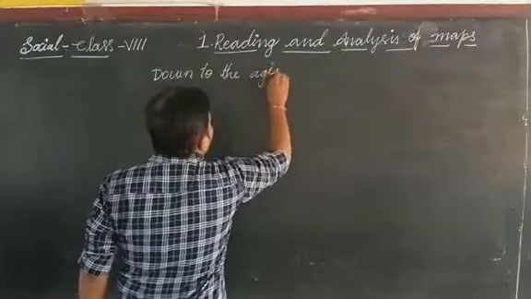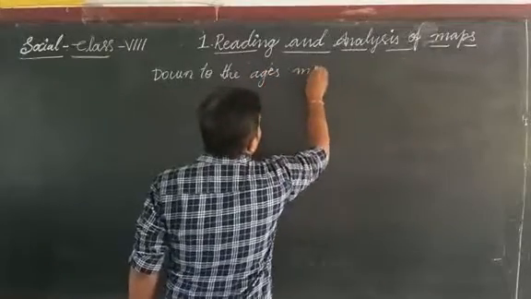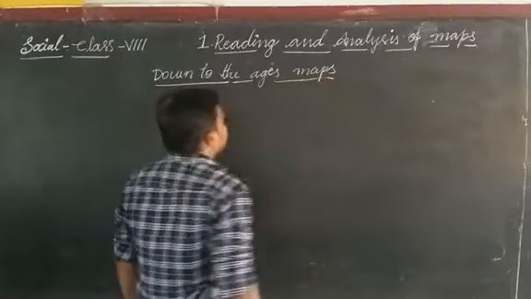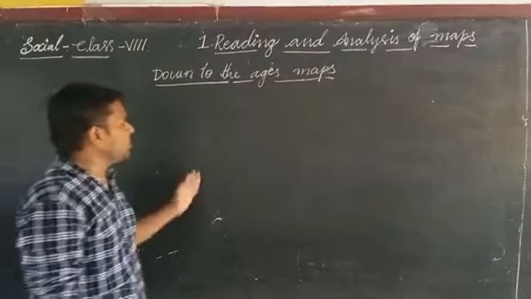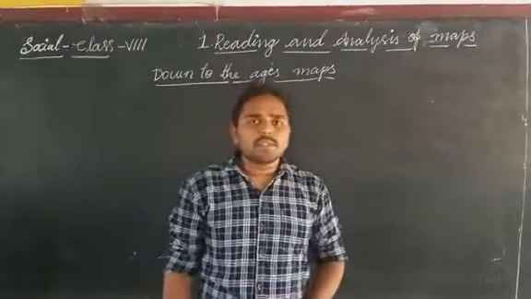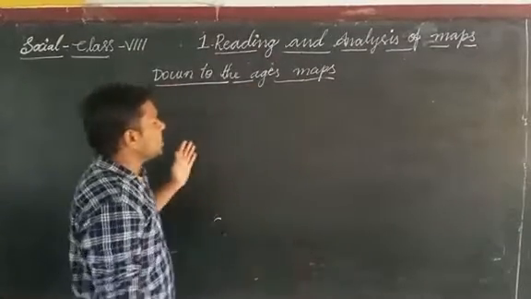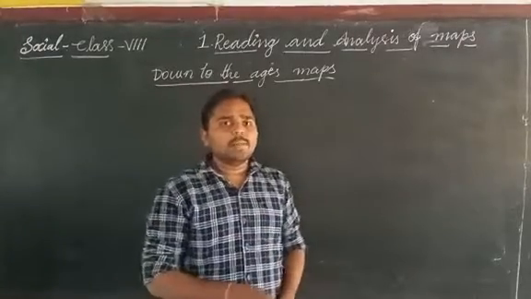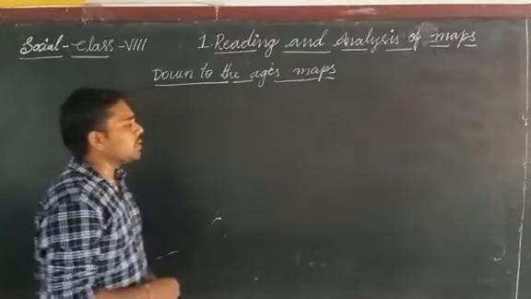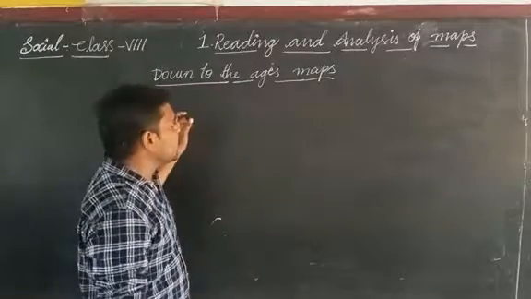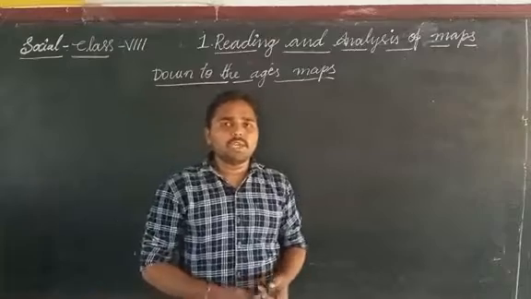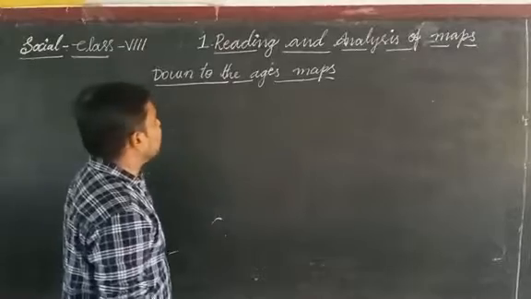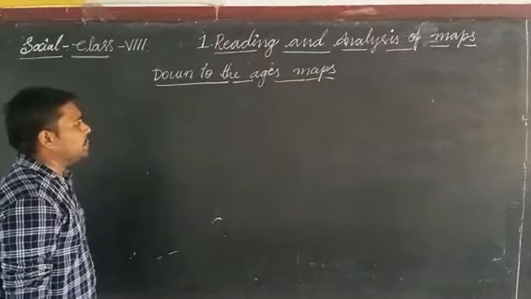It means the history of maps: when maps started to be prepared, who the map makers were throughout the world, and who the first map makers were. All this information we can know from this topic.